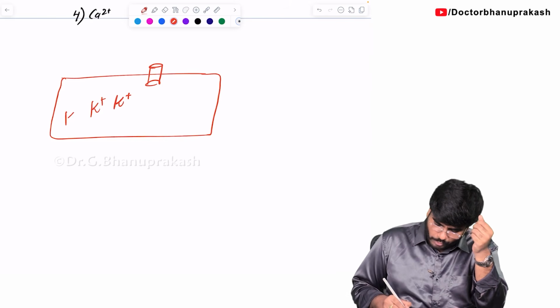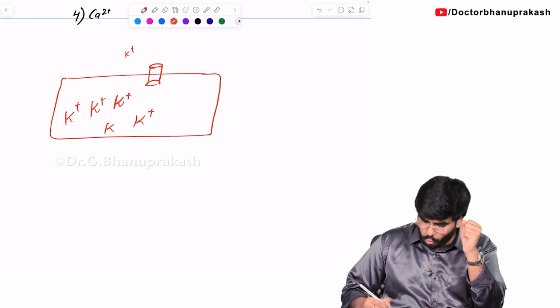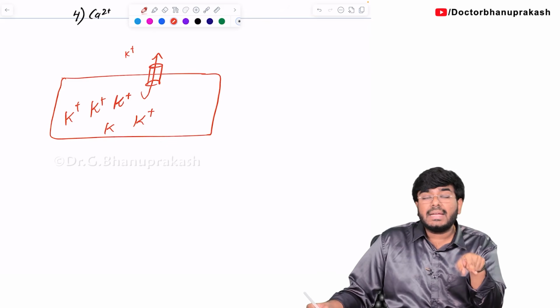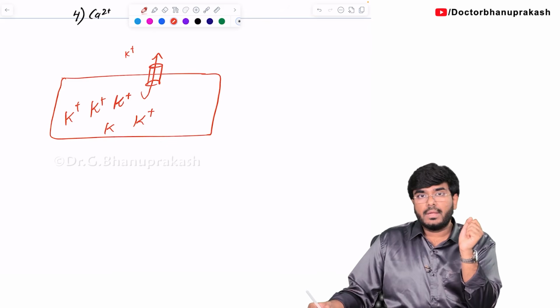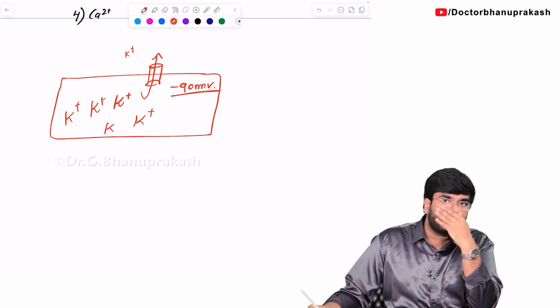Inside the cell there is more potassium. We know potassium is more inside the cell, and outside the cell there is less potassium. In this hypothetical situation, only potassium is there, so potassium wants to go out, and it is creating its own equilibrium potential. How much does it want to create? Minus 90 millivolts.